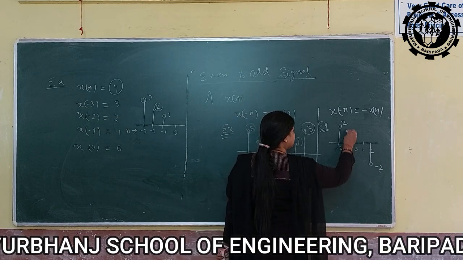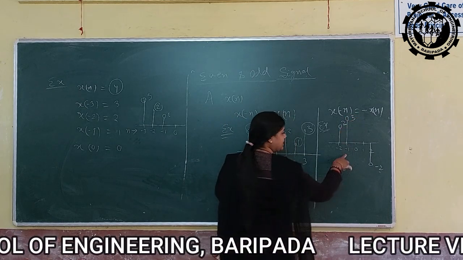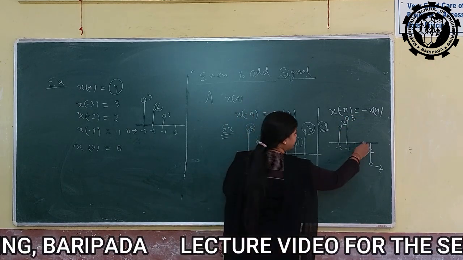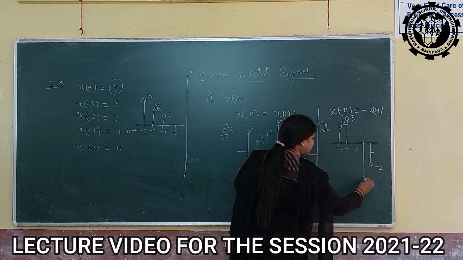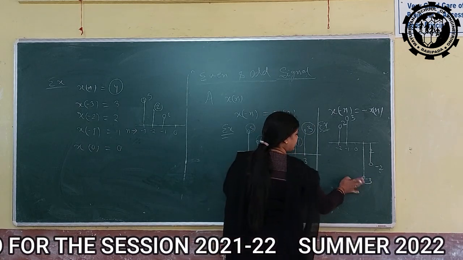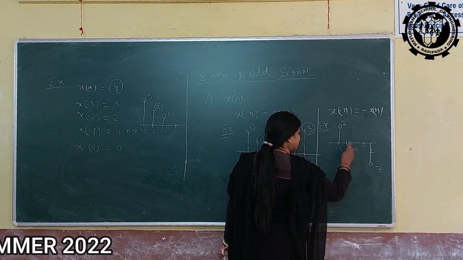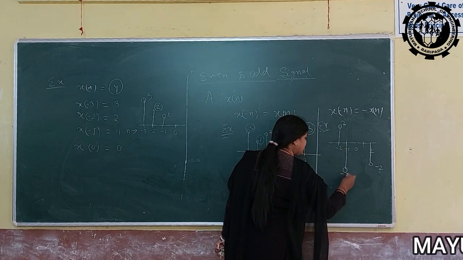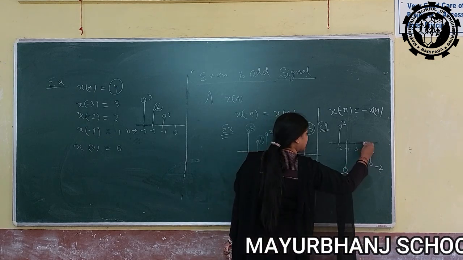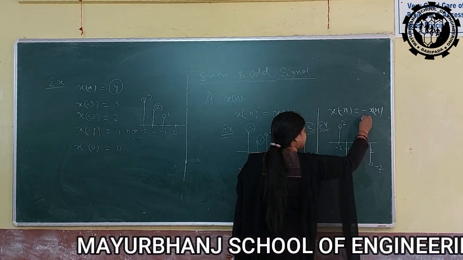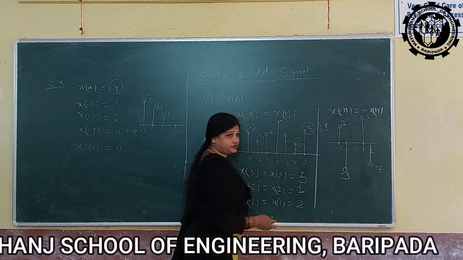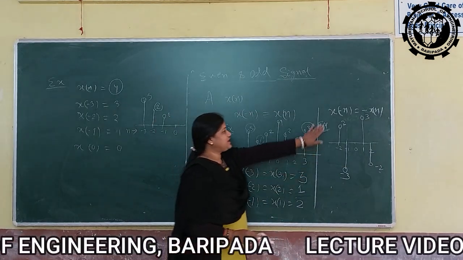If at -1 its value is -3, then at 1 its value is 3. That's why it satisfies the condition.